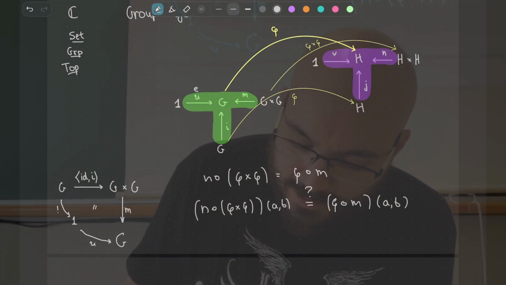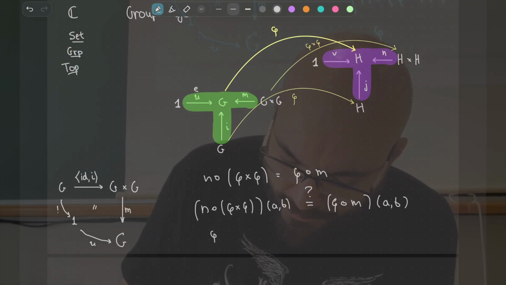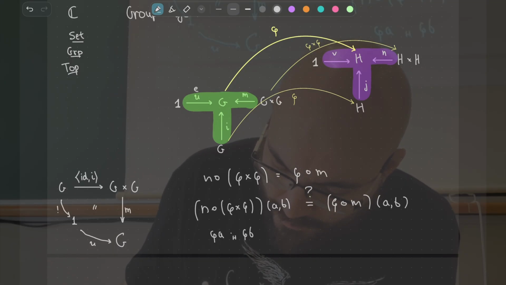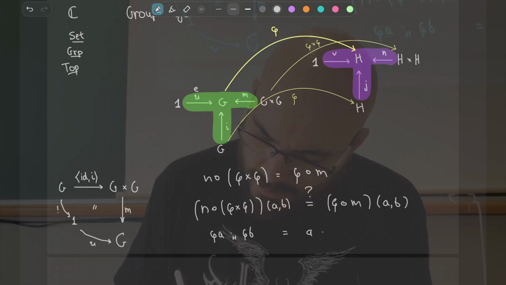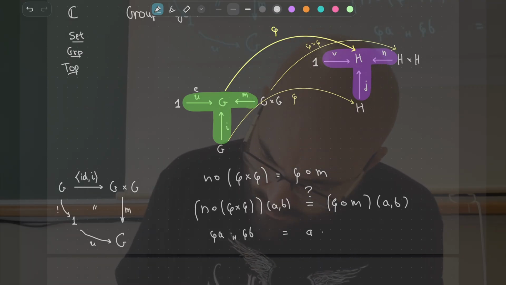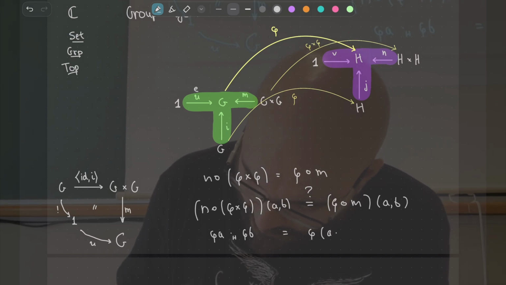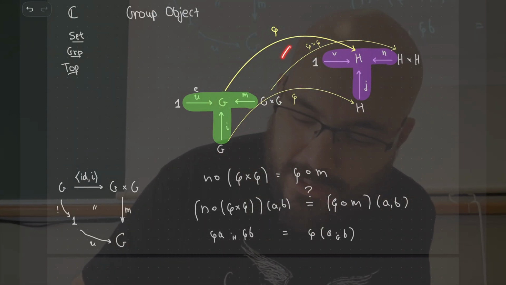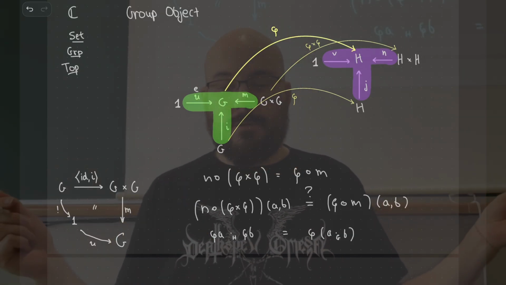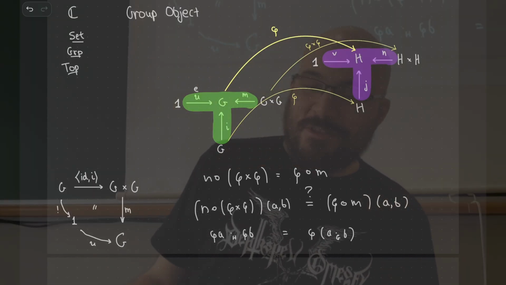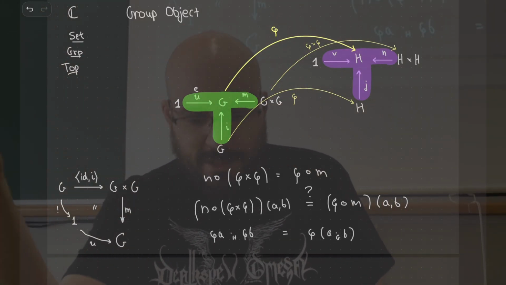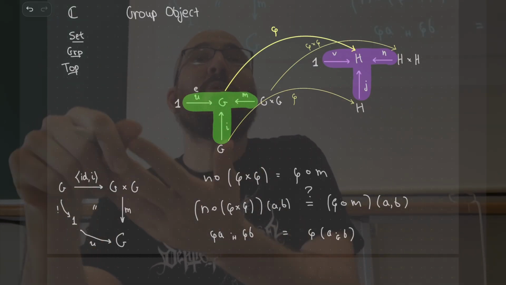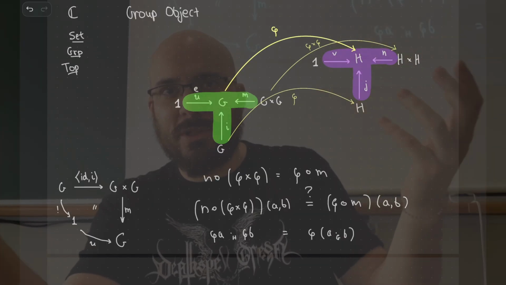So the left-hand side will end up being phi of A multiplied in H with phi of B. And on the right-hand side, I will have phi of A times B, yes, thank you, phi of A times in G, B. So if I look at it, I realize now that this commutativity is just what? Or the other way around.